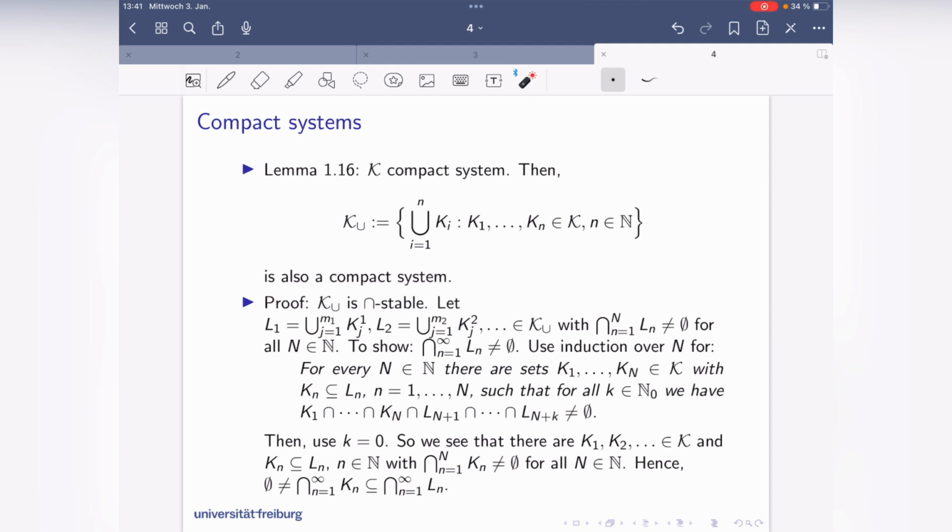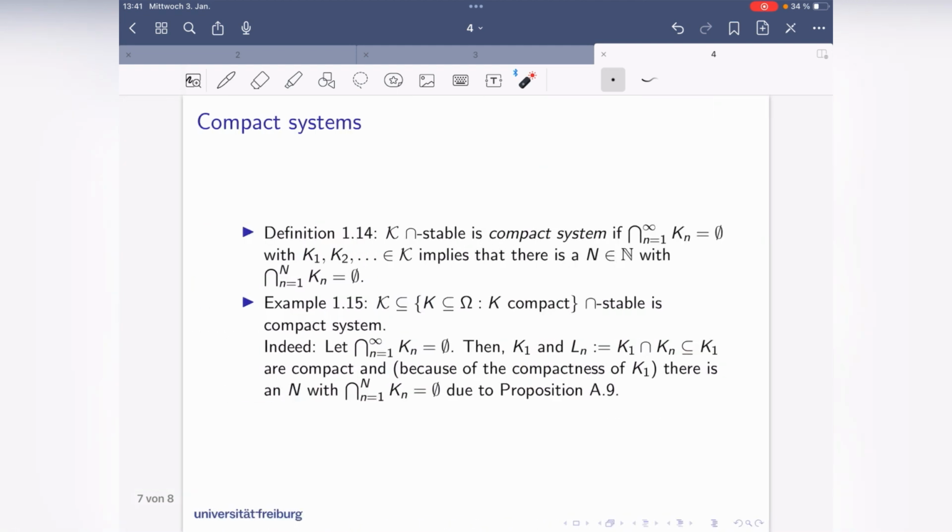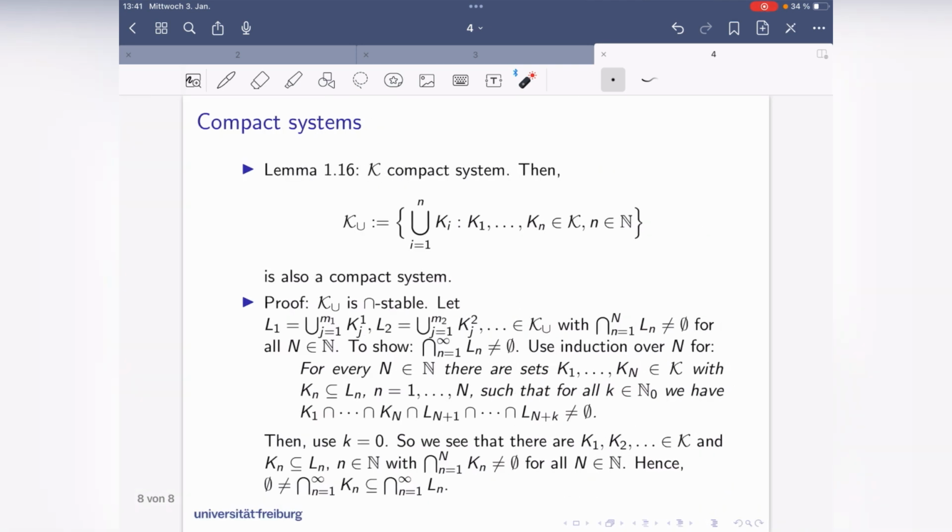Yeah. So let me just draw why that could be the case. So what do I need for K to be a compact system? I need to have here some intersection, then there's also a finite N such that the intersection is also empty. Now I have here the set system of these unions here.